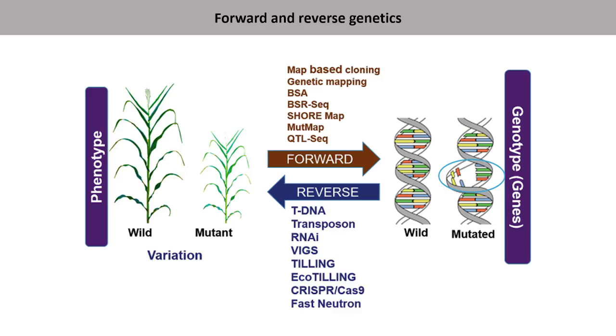Similarly, reverse genetics is the study from genotype to phenotype, where we already know that a particular gene is responsible for a phenotype. We are just trying to mutate or alter that gene in some form, and then see what kind of phenotype it generates. When we do this kind of study, it is called reverse genetics.